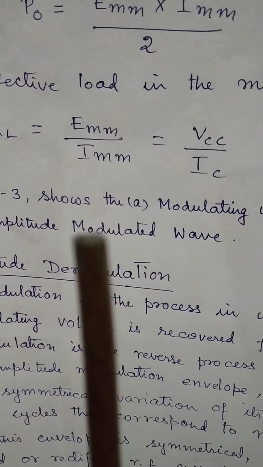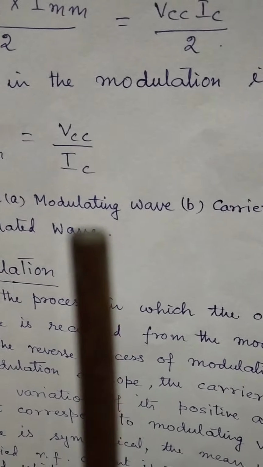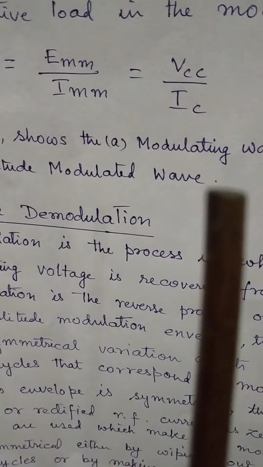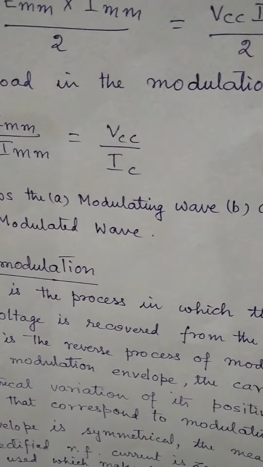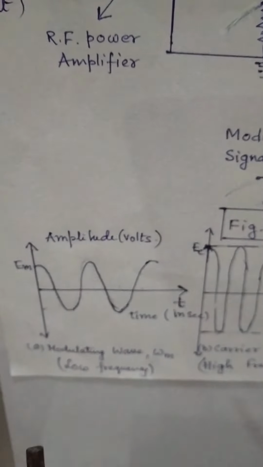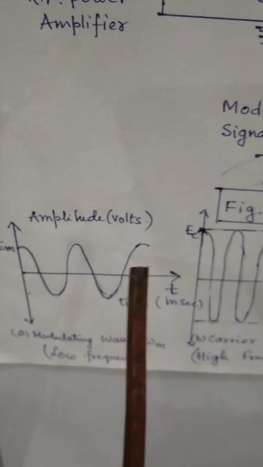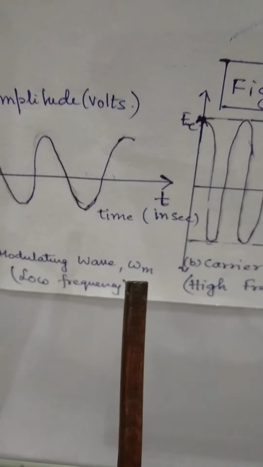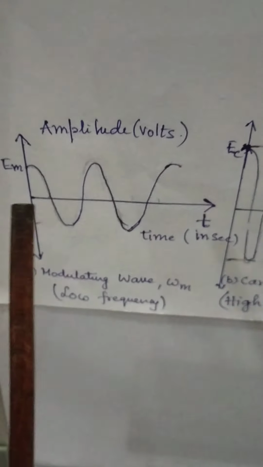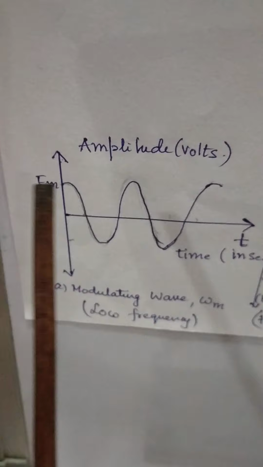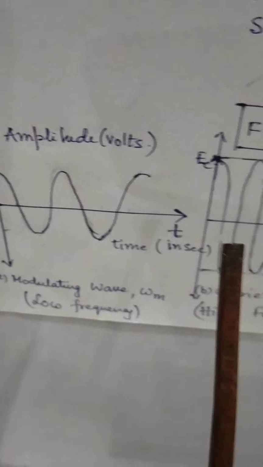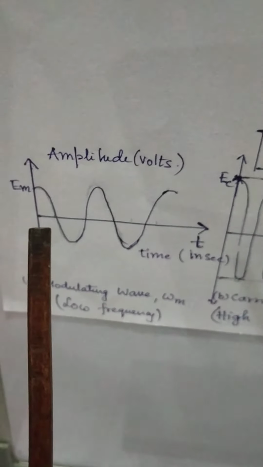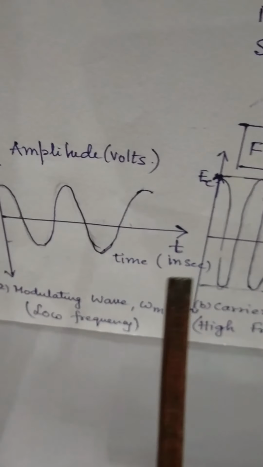Now figure 3 shows the modulating wave, carrier wave and amplitude modulated wave. First one shows the modulating wave. Omega m is the frequency. EM is the modulating voltage, and we have drawn the graph between EM and time t.